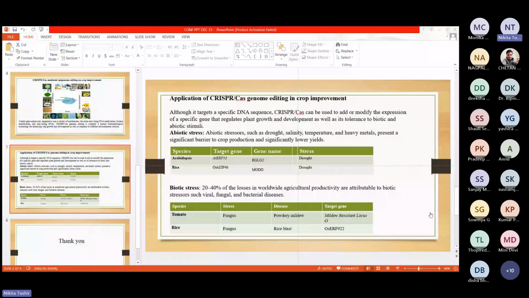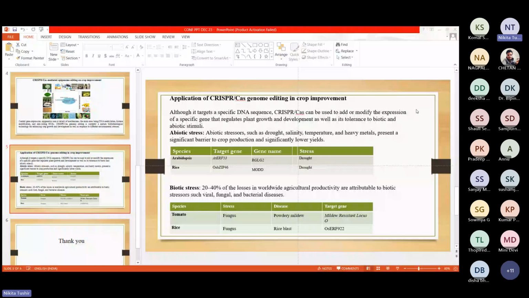Now, the next stress is biotic stress. 20 to 40% of the losses in worldwide agriculture productivity are attributable to biotic stress such as fungal, viral, and bacterial diseases. I have shown two examples of this also, tomato and rice. In tomato, fungus creates powdery mildew, and the targeted gene name is shown in the slide.